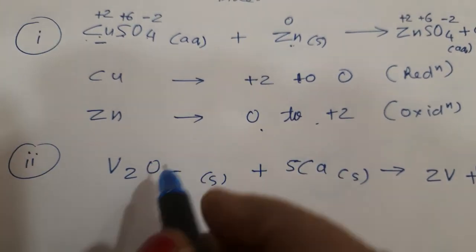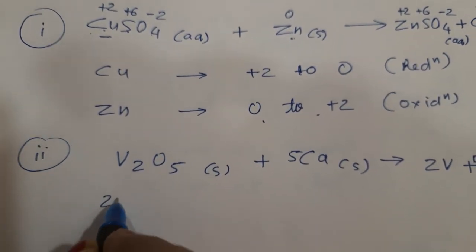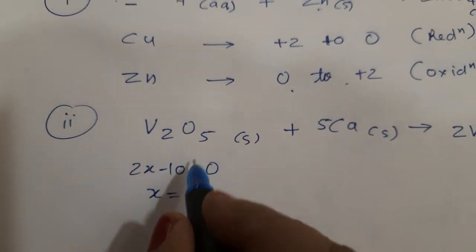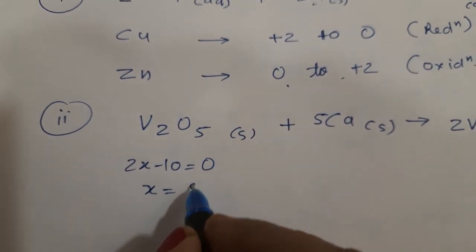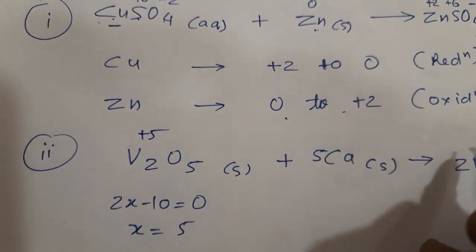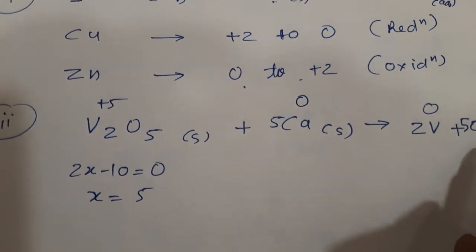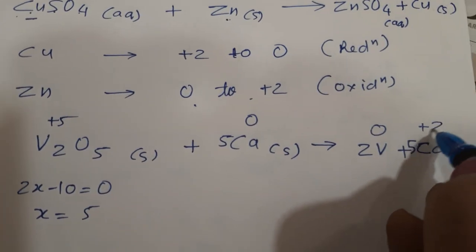Now if you want to find vanadium, 2x minus 10 is equal to 0, so x is equal to 10/2, meaning +5, and here 0. Calcium here 0 and here +2.